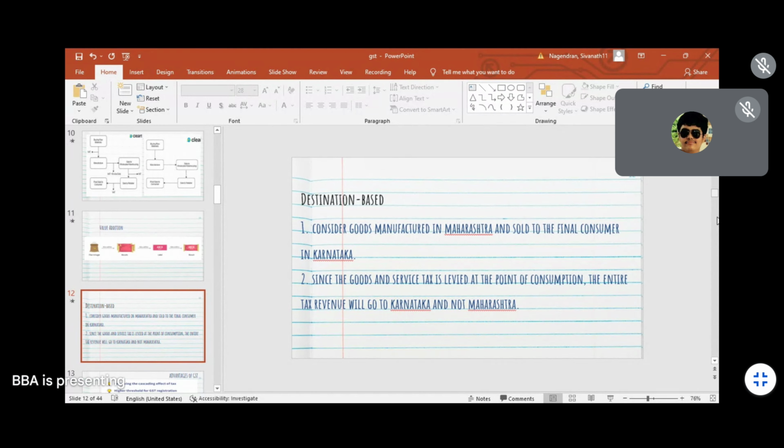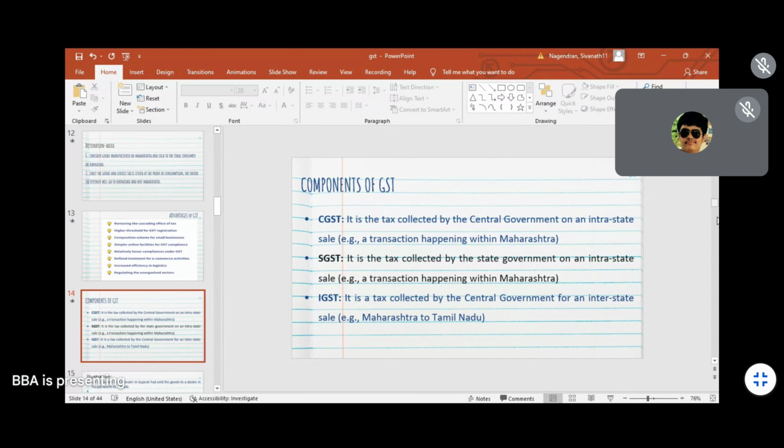So again we have three components. CGST is collected by the central government on an intra-state sale. Okay.